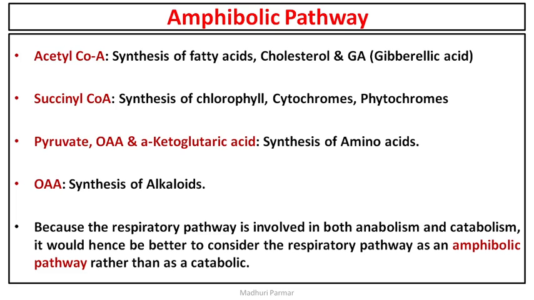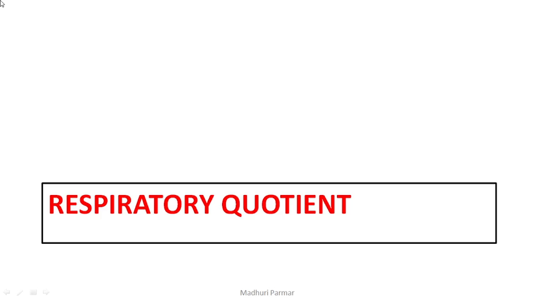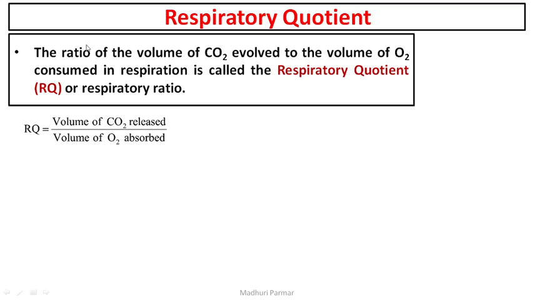After covering that important topic, we are now at the last topic, which is respiratory quotient. Quotient, wherever you hear it, is mostly a ratio, right? So respiratory ratio, the ratio of volume of carbon dioxide evolved. Wherever you hear the word evolved, it means released.